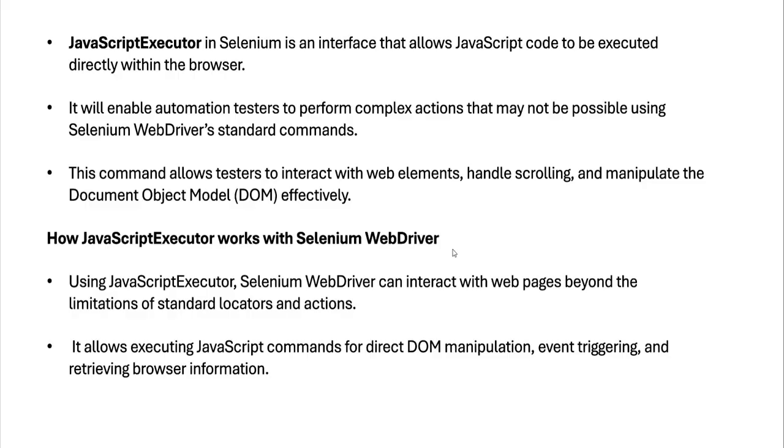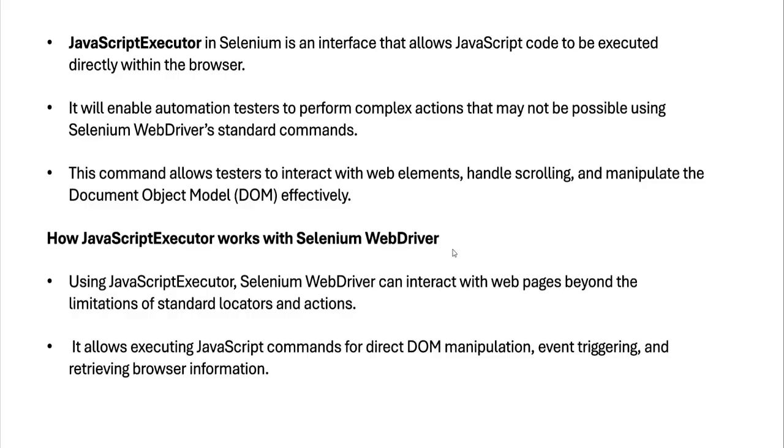Before that, let's understand what actually happens. When you write a Selenium script and you want to perform a click or send keys action, or any action on the browser, behind the scenes JavaScript is the scripting language that helps to interact with the browser.